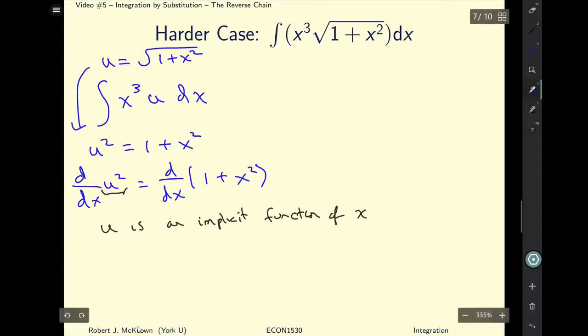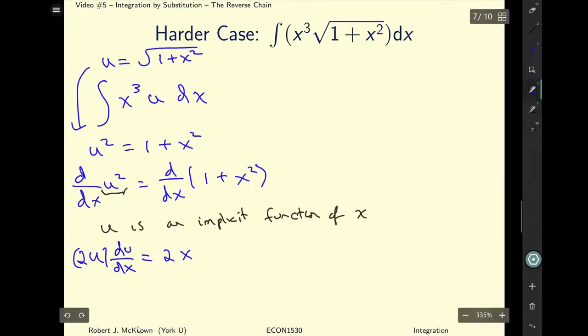Now when I take the derivative of this, I'm going to get 2u times du dx. That's my implicit derivative. And it's going to be equal to the right-hand side, which is just 2x. And that looks a lot easier on my eyes than the thing that I derived earlier.